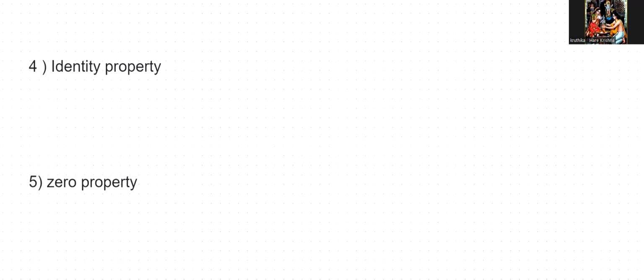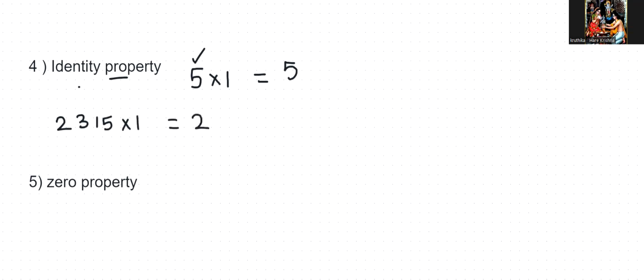So this one is going to be the identity property. Fourth one is the identity property of multiplication. Any number which when multiplied with 1 will give you the same number. Okay, so when this is a number, 2,315 into 1 will be the same as 2,315.